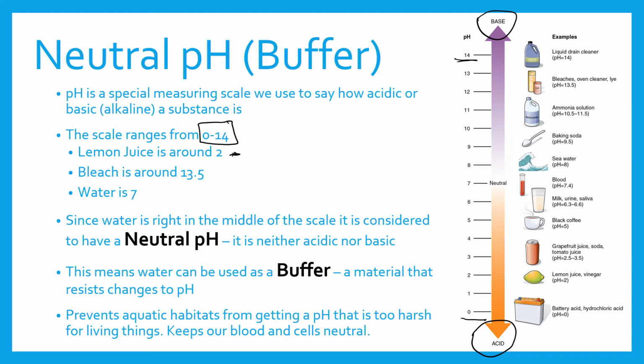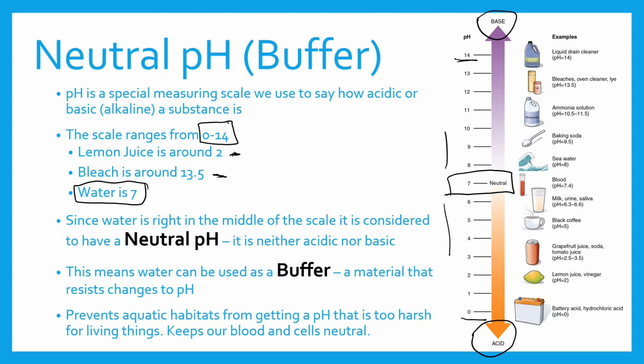And bleach is around 13.5. It's a very strong base. Water is 7, which is right in the middle. It's not acid and it's not base. We call it neutral. So water has a neutral pH. It's neither acidic nor basic.